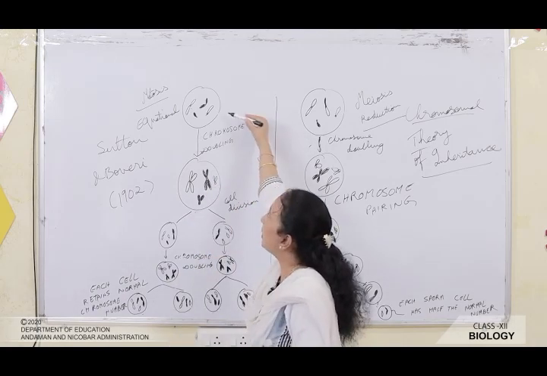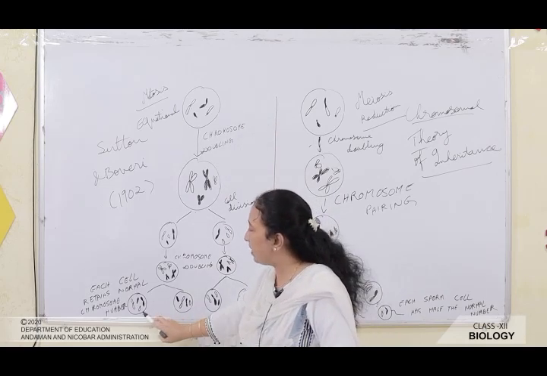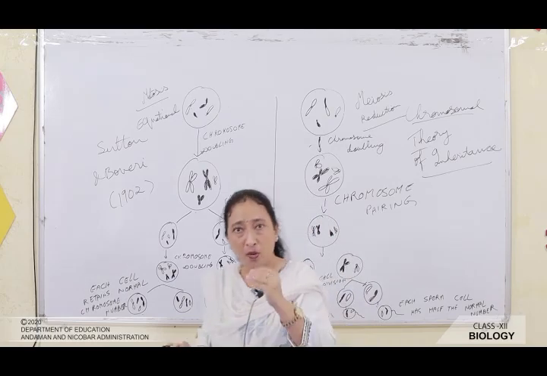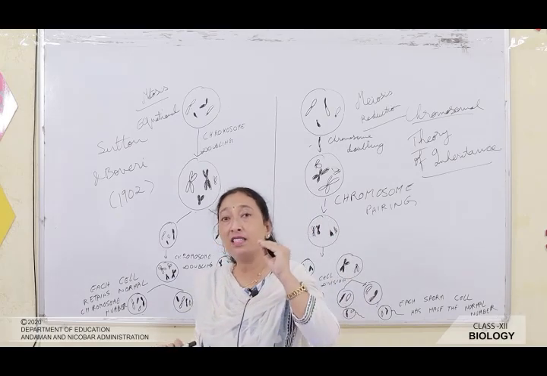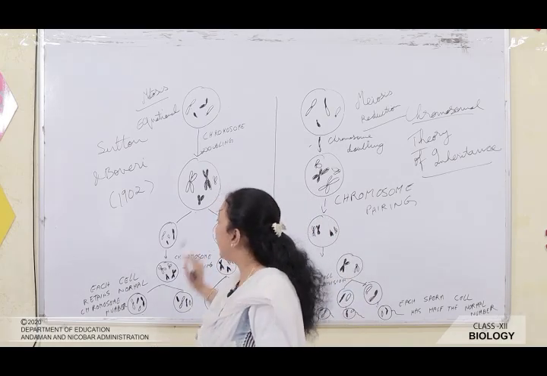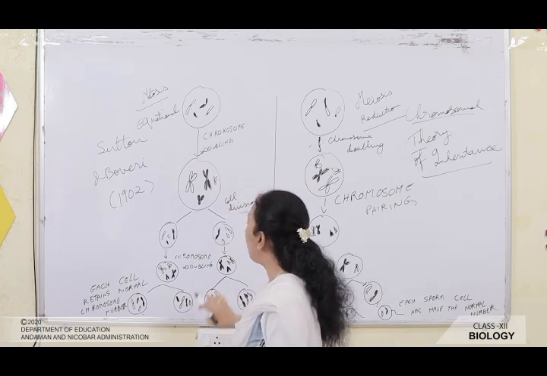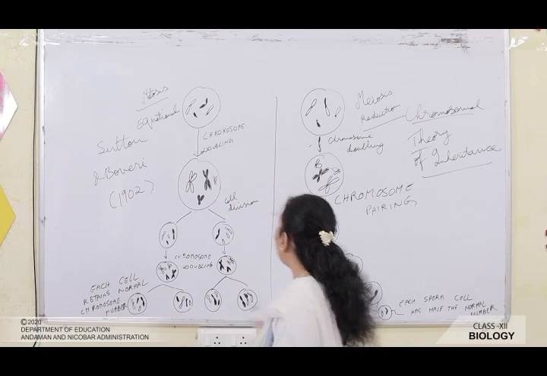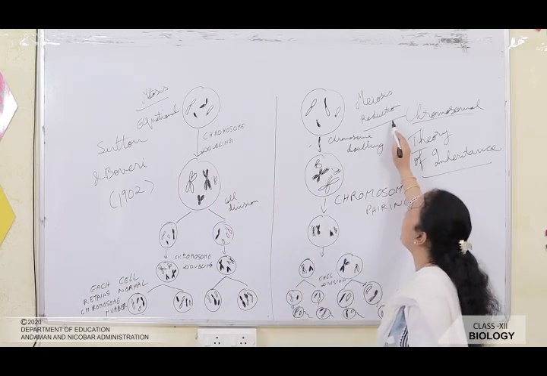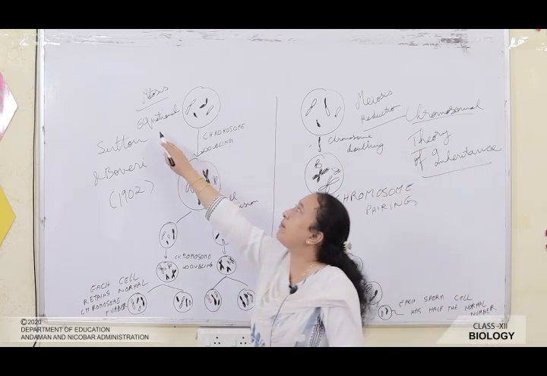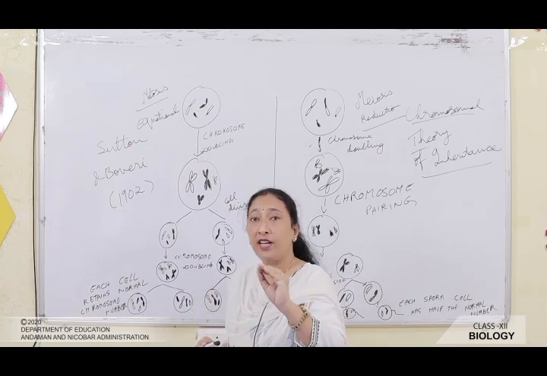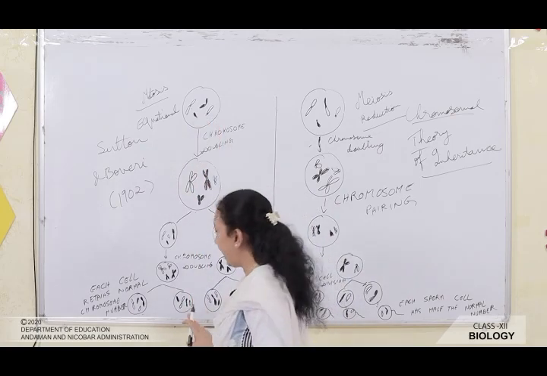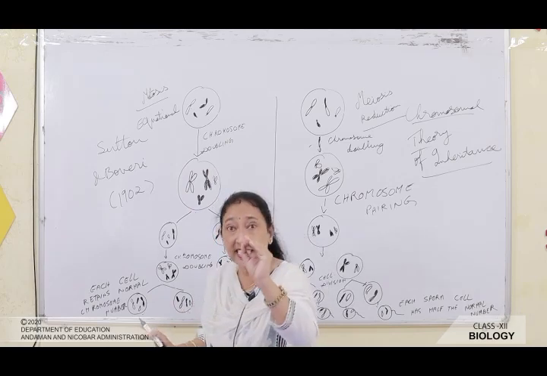We started with this cell and we are ending with that cell, each cell having the same chromosome number. So what it means is that the cell is dividing equally. Each cell retains the normal chromosome number in mitotic division, and hence that's why mitotic division is known as equational division. We started with this many chromosomes, and we are ending with these many chromosomes in each cell.